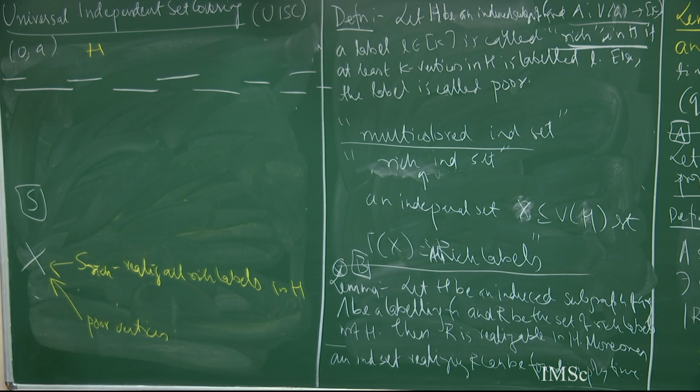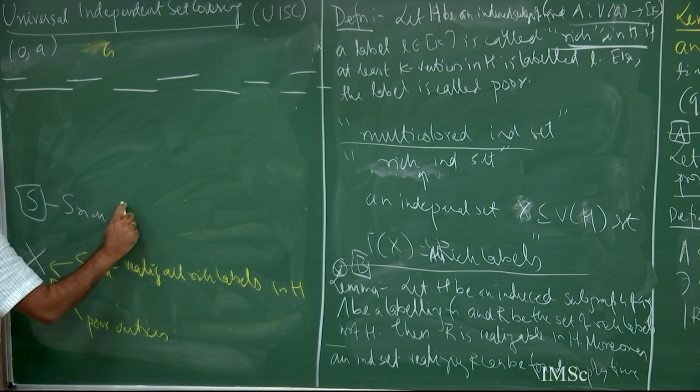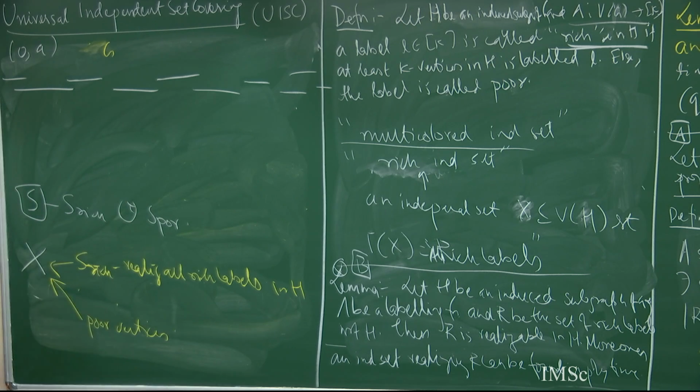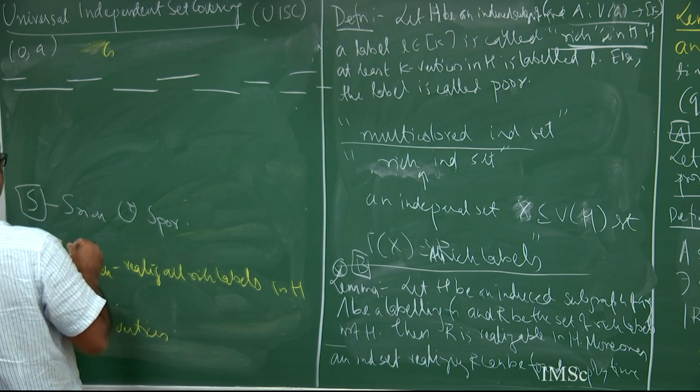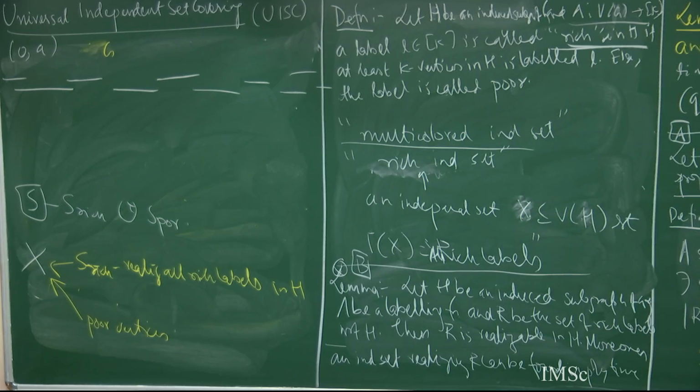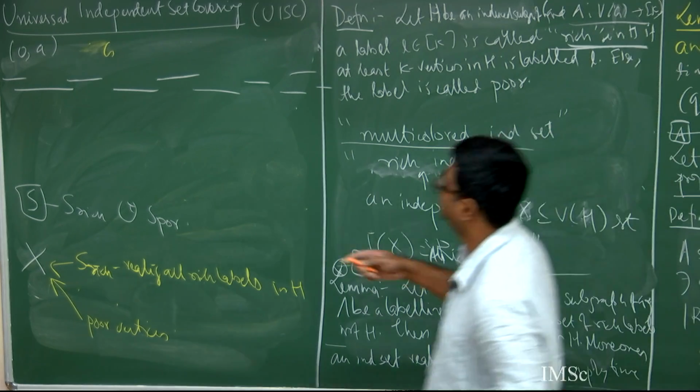Suppose I am in the beginning. So this is G, for example. Now you gave me an S, any independent set. So I divide it into S rich, disjoint union S poor. Now I look at where the S poor are. Let's suppose S poor are somewhere, just two of them for example.